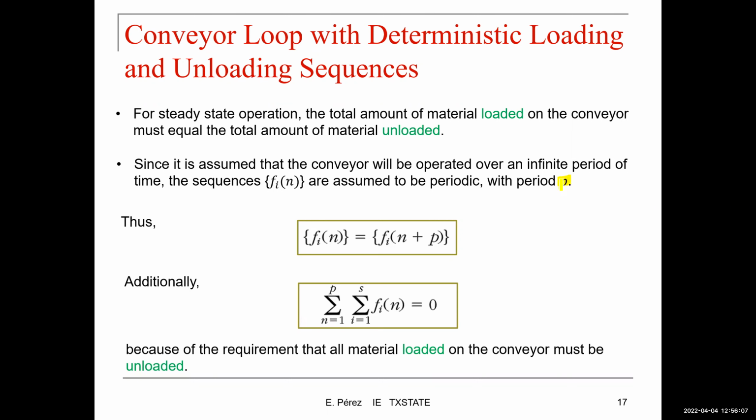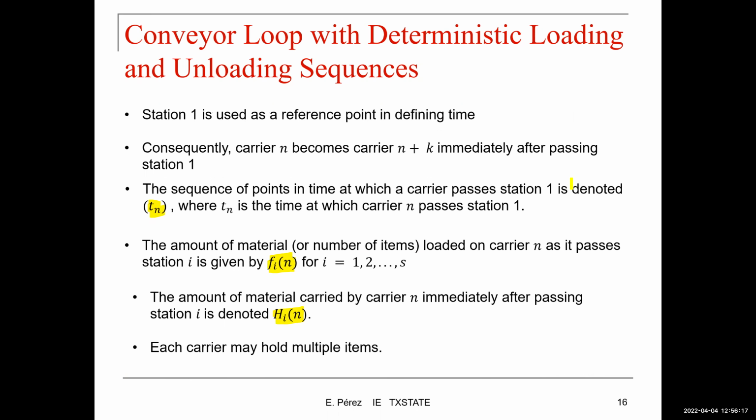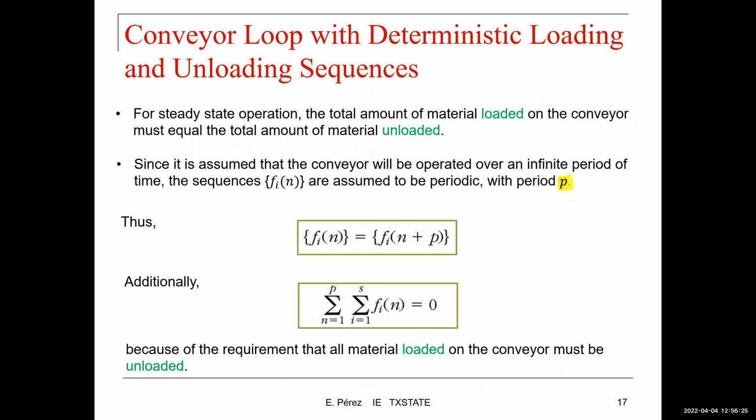So we're going to have P defining the period. Thus, the amount of material loaded on carrier N as it passes station I will be given by this, and that will be equal to that amount at N plus the period.